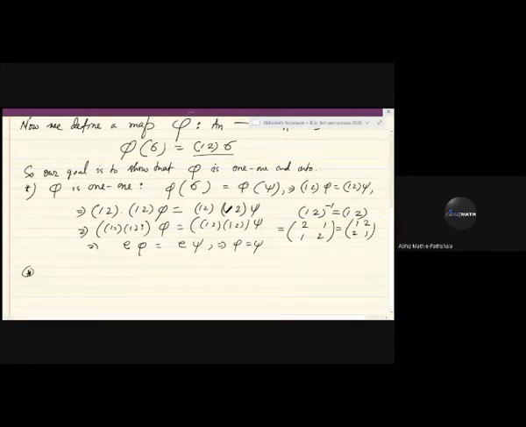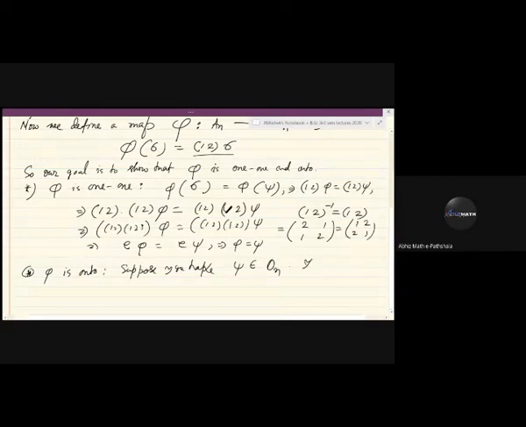And the next one is that phi is onto. Why is it onto? Suppose you take psi belonging to On. Now psi, being a member of On, is an odd permutation. So to get an even permutation out of psi, you need to multiply one transposition to psi, and obviously we shall take the transposition (1 2).